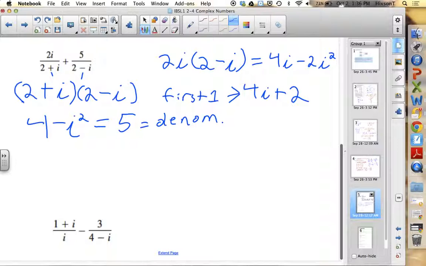Yeah, this actually ended up working out pretty nicely. What happens to the 5? Can't you just do 2i plus 5 over 5, and then just 2i? Wouldn't it just be 2i? Because if your common denominator is 5, then you add 2i plus 5, and if it's 2i plus 5 over 5, the 5's cancel.